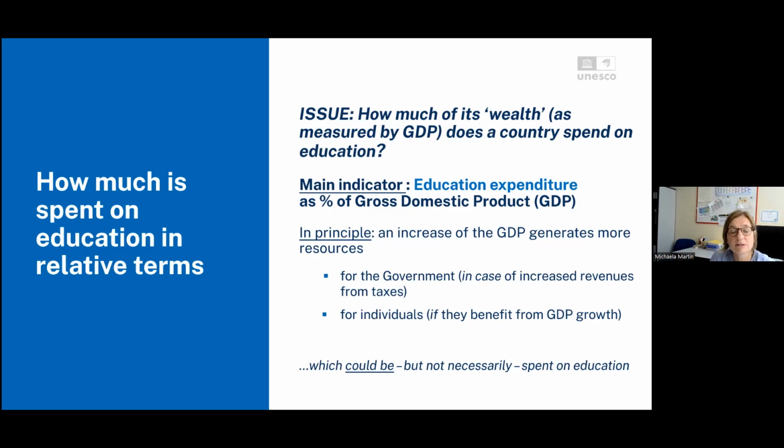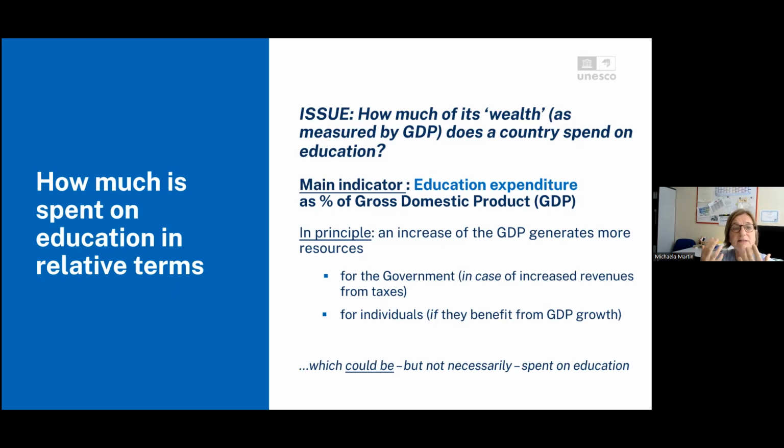And at the same point in time, an increase in the GDP has also benefits for individuals, because it means also that more salaries are distributed in a country, and that there are more private resources available for education. But looking at how the GDP is likely to evolve, what is the expected growth rate of the GDP, tells us only about the potential.